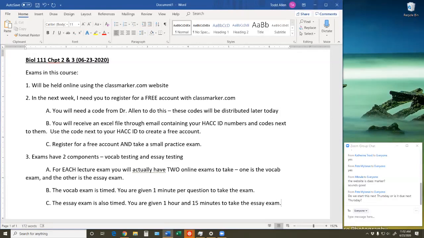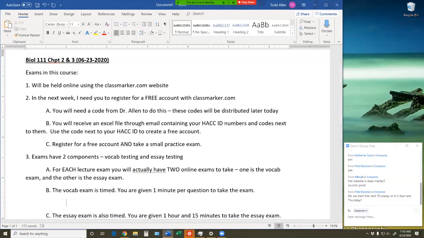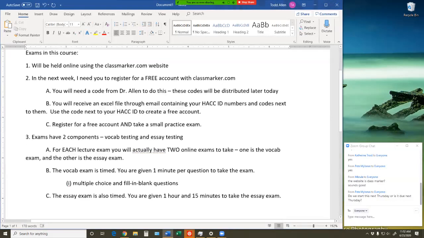What are the nature of the questions for the vocab exam? You will have multiple choice questions and fill in the blank questions. That's the kind of questions you'll get to test your understanding of vocab.